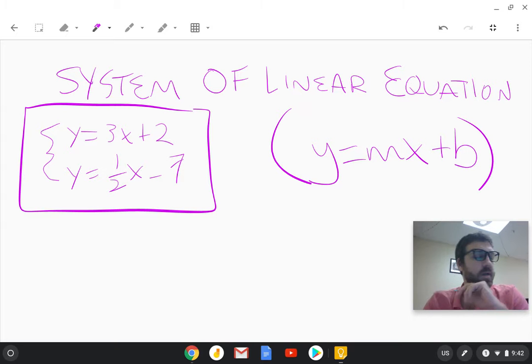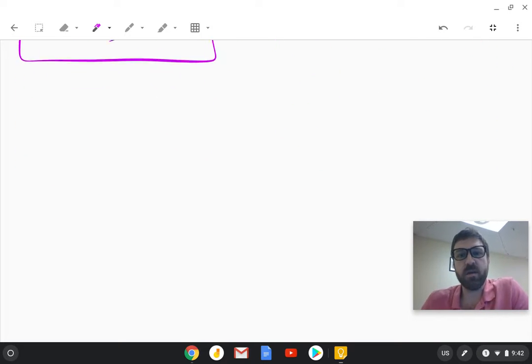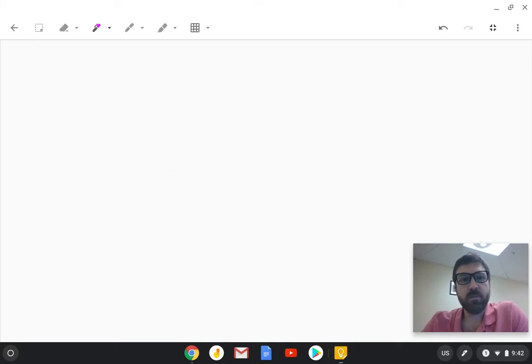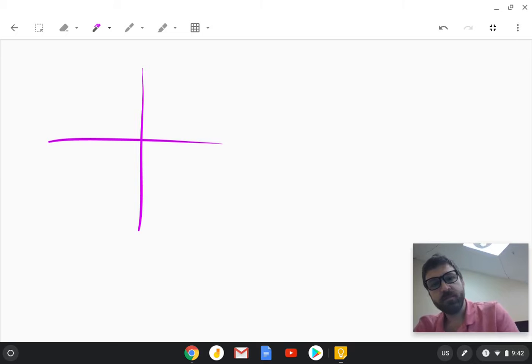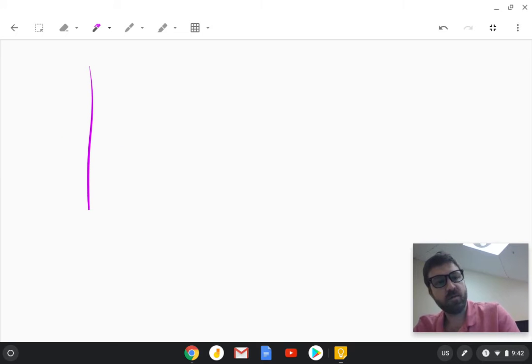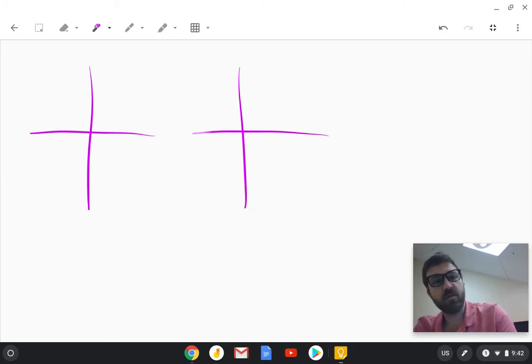Before we get into the detail of this, I want to talk about some basic ideas. They're going to be wanting us to find the solutions to these systems. So what we're dealing with is three possible outcomes. Let's say these are my coordinate planes for three different situations.